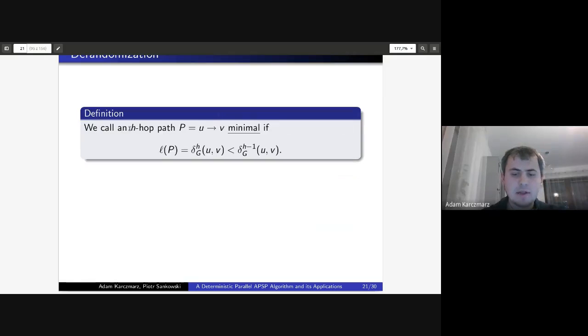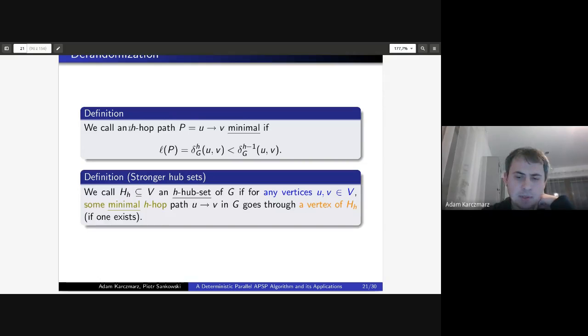In order to deal with negative cycles, we need to slightly strengthen our definition of a hub set. First of all, let us call a u to v H-hop path minimal if it is shortest among the H-hop constrained paths, and all paths with fewer hops are longer than this. Then we would like our stronger H-hop sets to hit some minimal H-hop path for all pairs u, v if one exists.